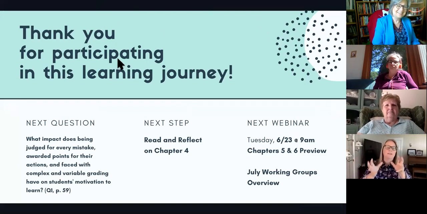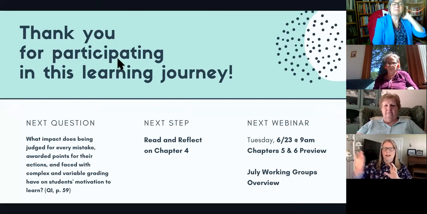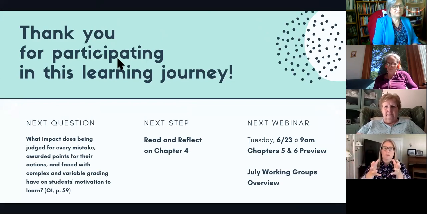The plan next week too, we will talk about what it will look like in July and how we will set that up, so sort of an overview of moving forward. Chapter 5 is a super short chapter, and then 6 is all about previewing the whole second half of the book, which is really where everyone wants to go, which is actual practical things you could try in your classroom to adjust your grading practices. So that's the plan.